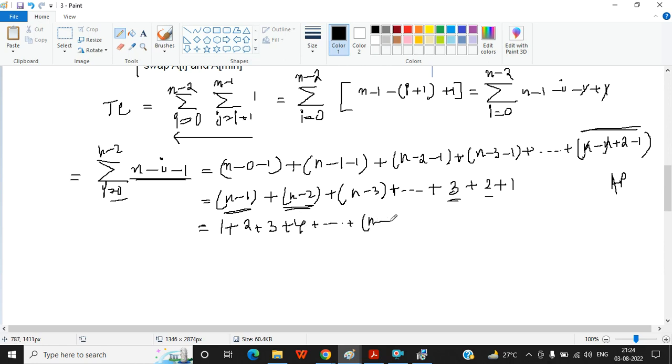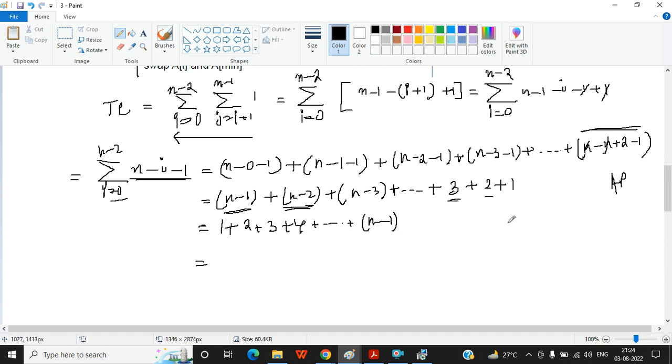Now clearly you can see that this is the sum of all natural numbers up to n minus 1. So what is our formula?